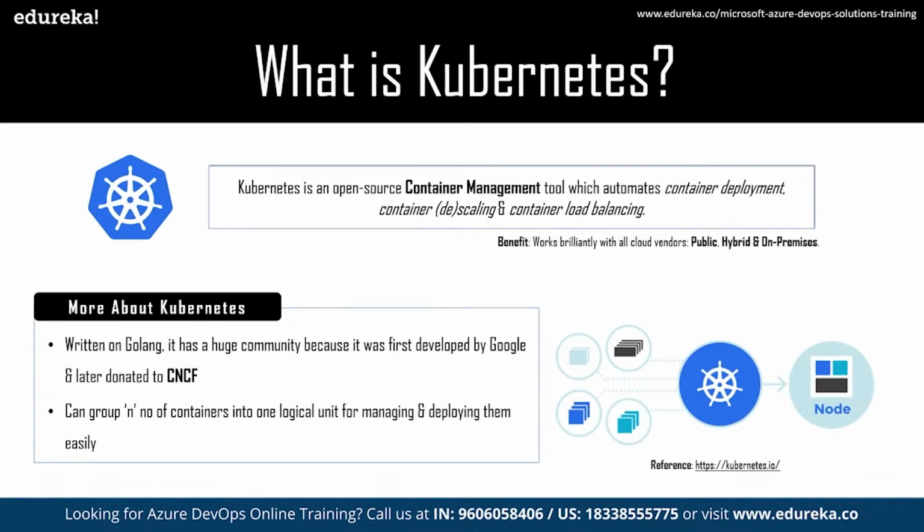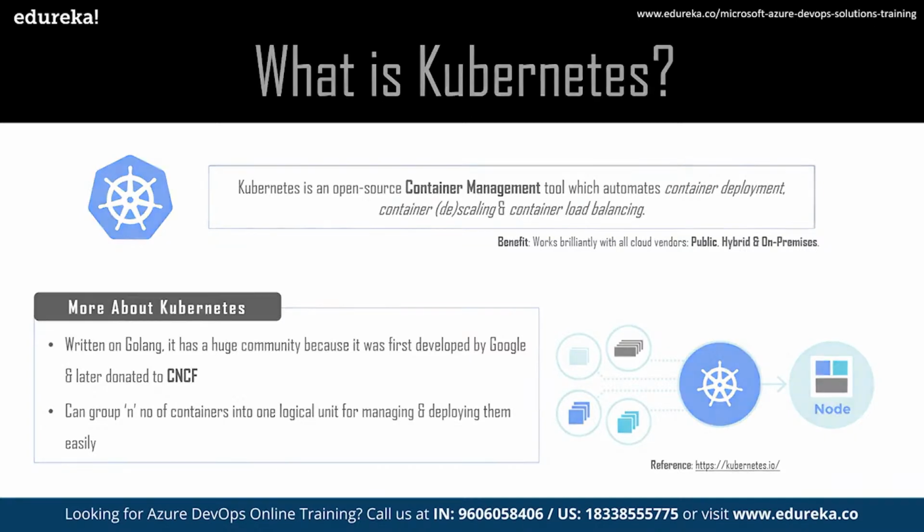And that is why this in itself is a big thing, because Kubernetes is going to have a huge community, and that would mean there's huge support and huge documentation for you to work with. It was developed entirely using a programming language called Golang. Apart from that, to summarize, you can think of Kubernetes as a number of containers that can be put into one logical unit so that you can simplify the process of managing these containers and how they work. Okay, so this is what Kubernetes is in a nutshell.